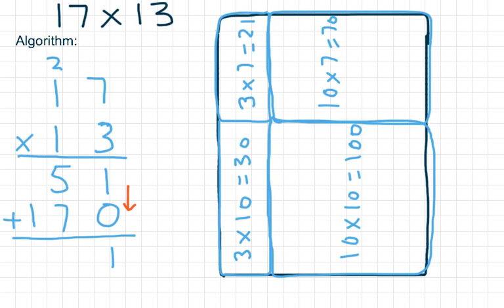So we could do 1 plus 0 is 1, 5 plus 7 is 12, and so that means 12 tens, so 2 tens in the tens column, and then the 10 tens would be 100, so that becomes a 1 in the hundreds column. So 100 plus 100 is 200. And we get the same answer from the beginning, 221. So of course this method works just as well as the method using the array model.